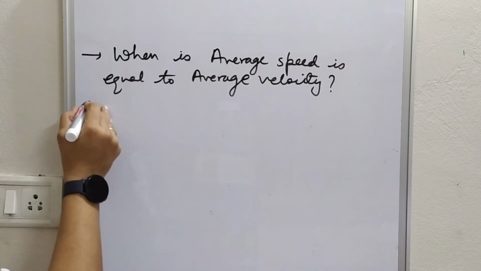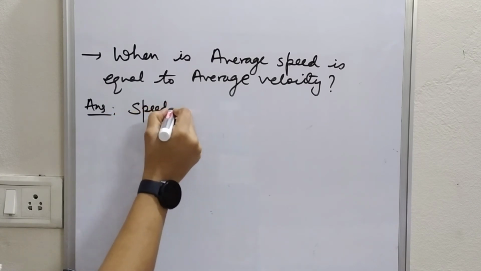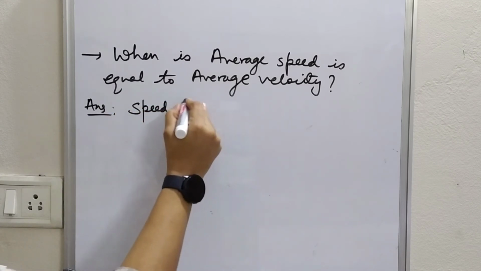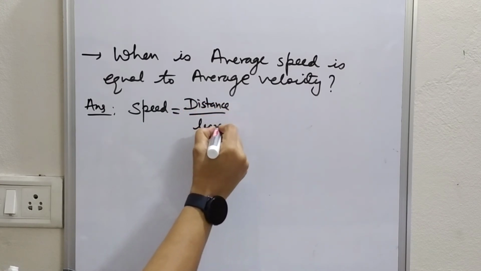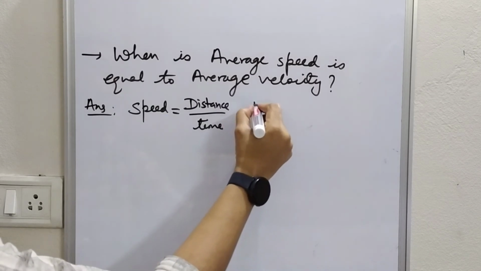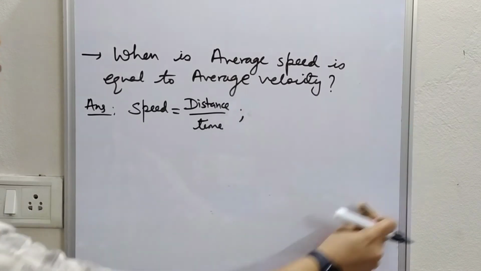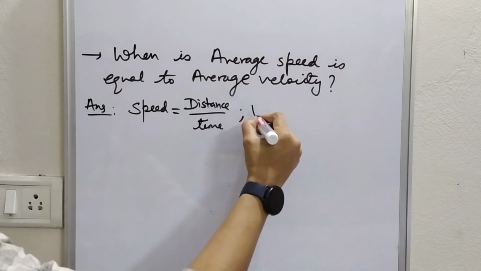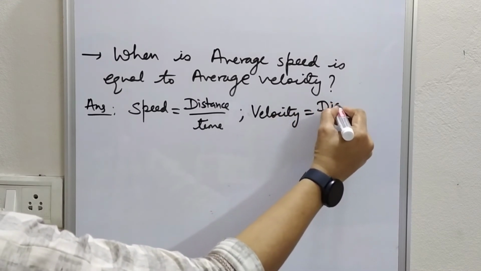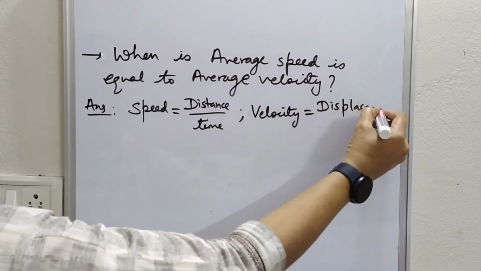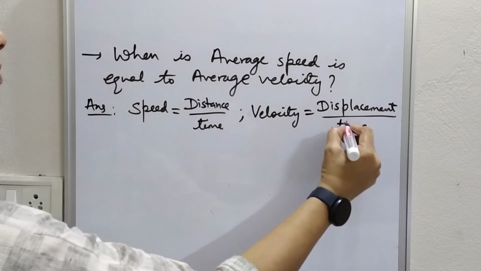See friends, to answer this, let us once again write the definition of average speed, which is total distance divided by total time. Similarly, average velocity is total displacement by total time.